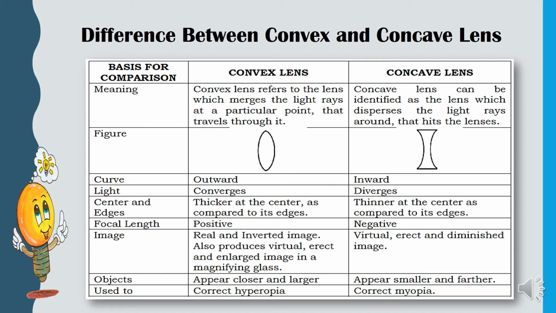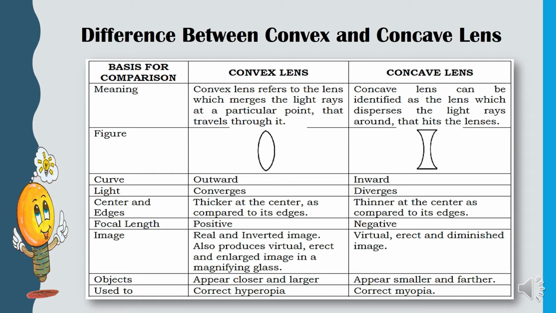Convex lens is thicker at the center as compared to its edges, while concave lens is thinner at the center as compared to its edges. The focal length of convex lens is denoted as positive, while the focal length of concave lens is denoted as negative.